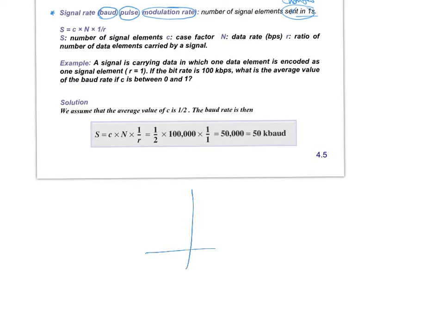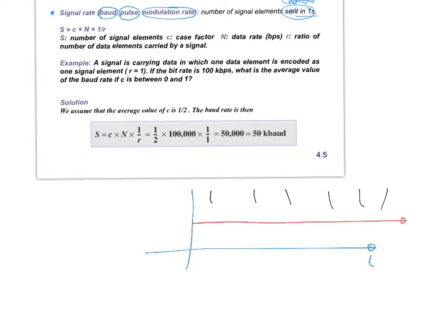So if we talk about a signal in the time domain, and this signal is a digital signal that represents 1111111. If we use non-return to zero in the roughest form, this signal is nothing but a fixed signal like this.